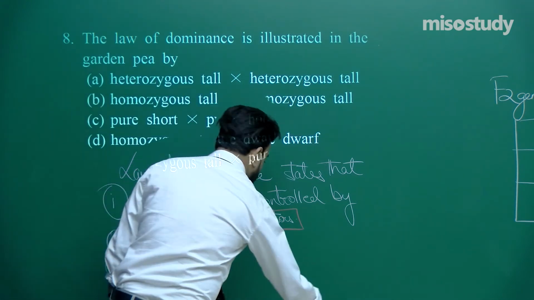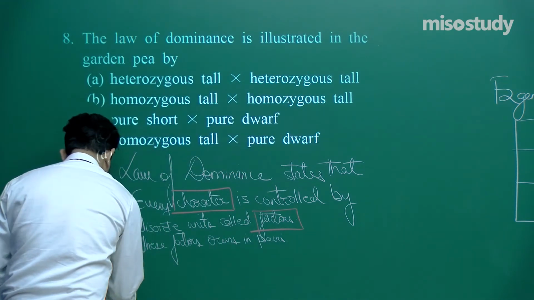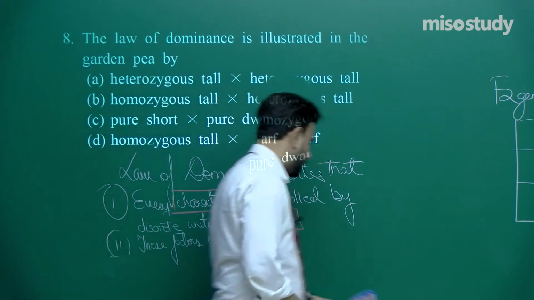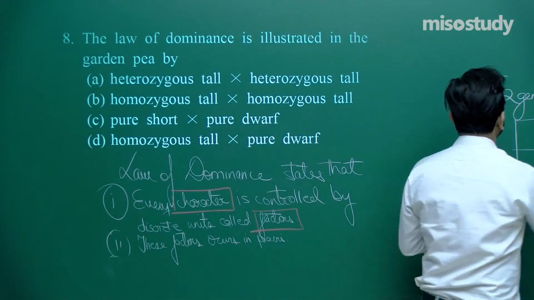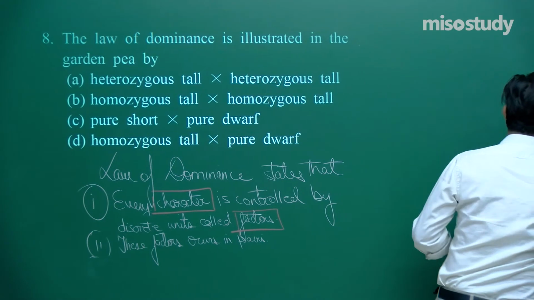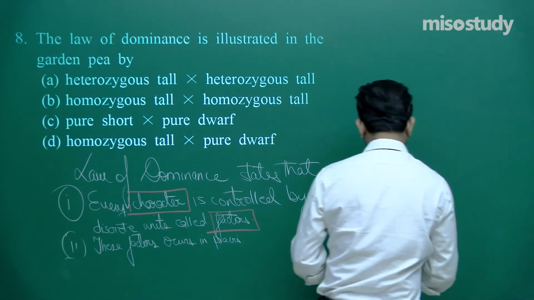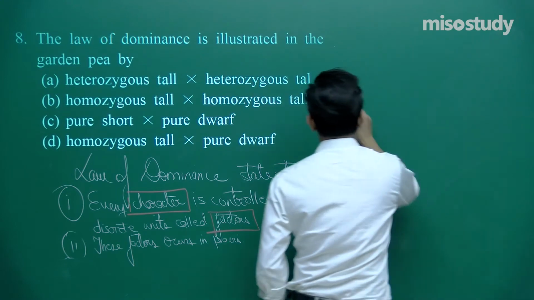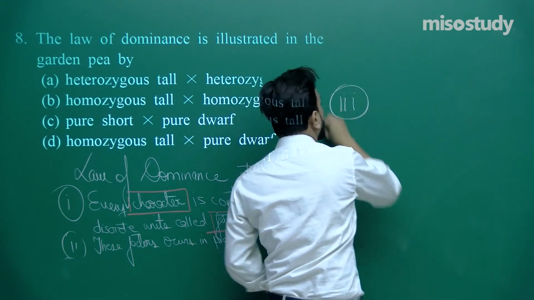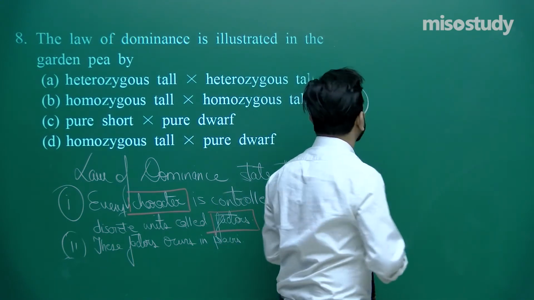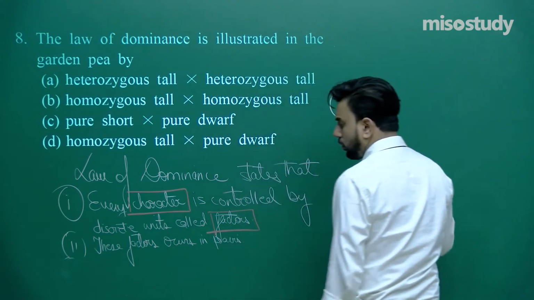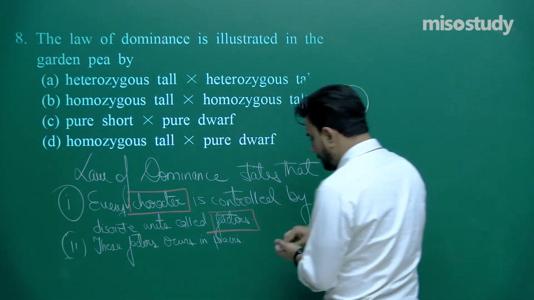I'll write the third one there. Is it okay, senior? So what have we written? These factors occur in pairs.